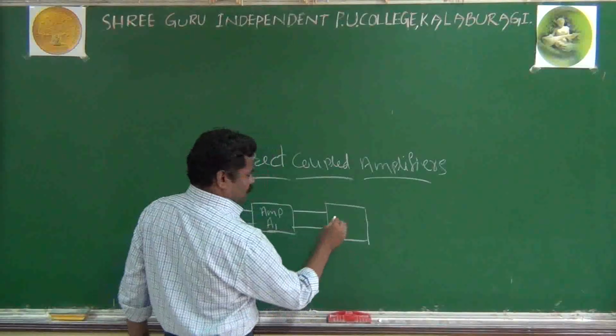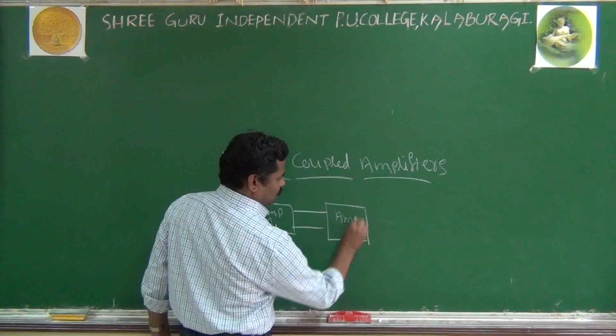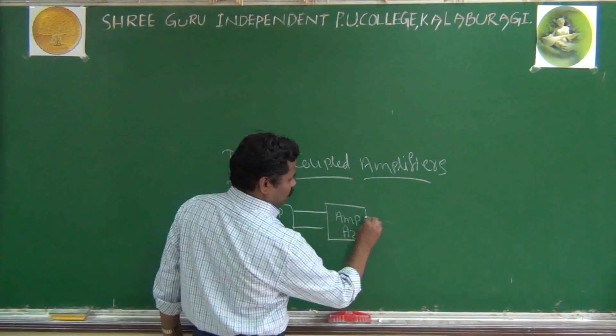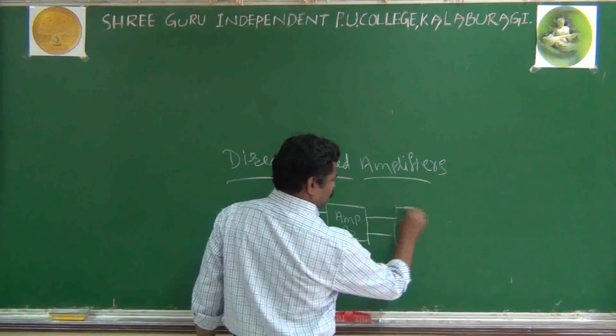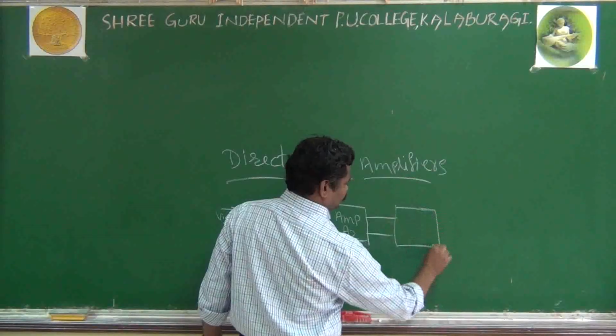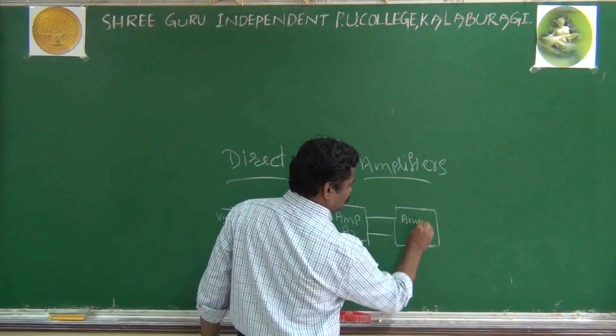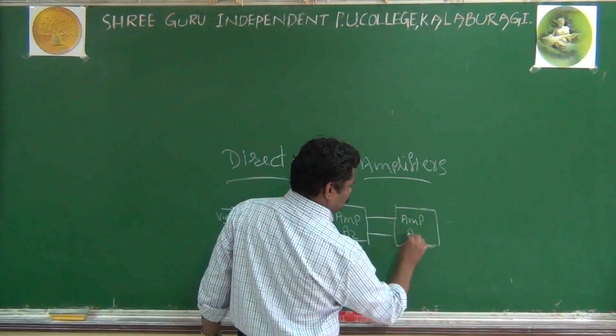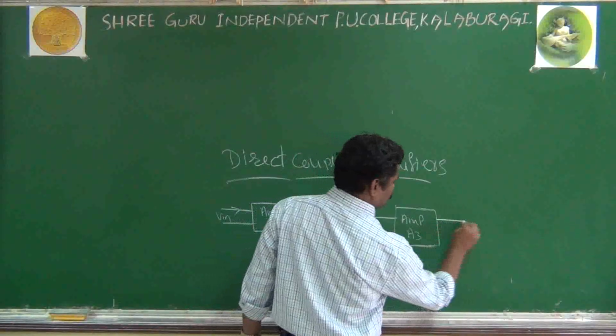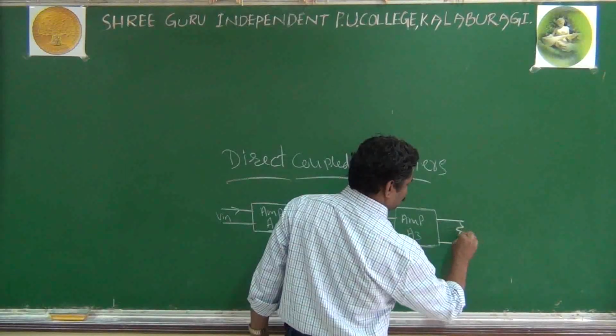This may be the amplifier having E2, and here the amplifier E3, and here we got the output, that is nothing but your RL.